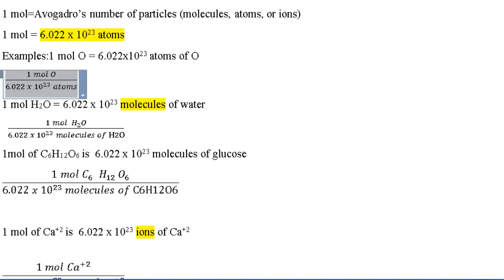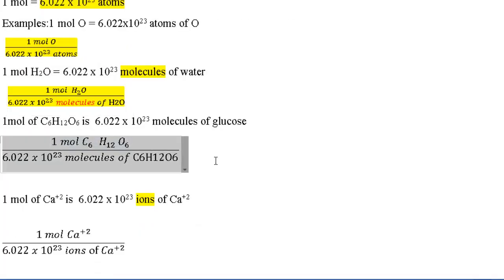So conversion factors: 1 mole of oxygen will have Avogadro's number. 1 mole of water will have this many molecules of water, not atoms. 1 mole of water, water is a molecule, will have this many molecules. 1 mole of oxygen, oxygen is an atom, has this many atoms, Avogadro's number. 1 mole of glucose, glucose is a molecule composed of 6 atoms of carbon, 12 atoms of hydrogen, 6 atoms of oxygen.